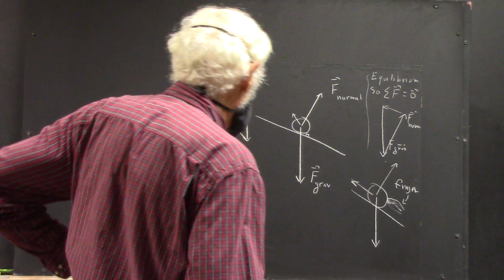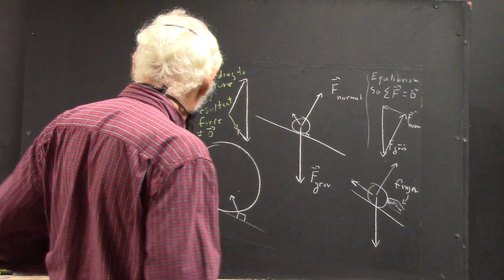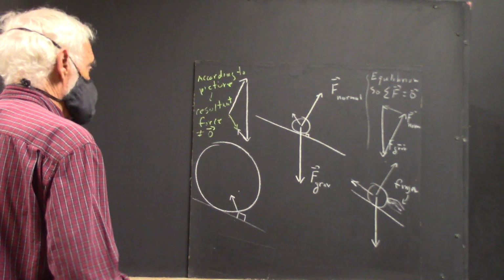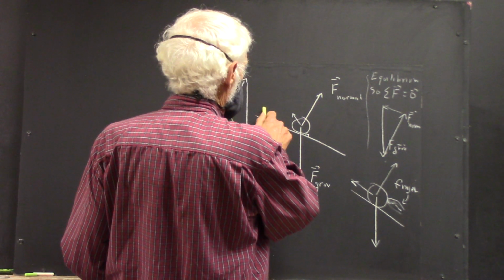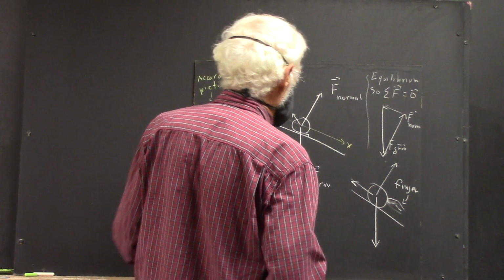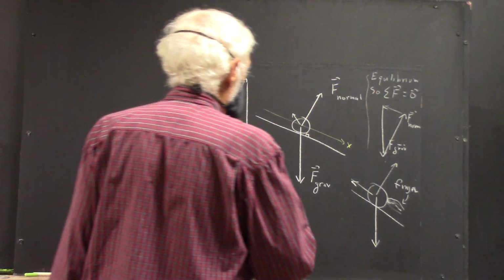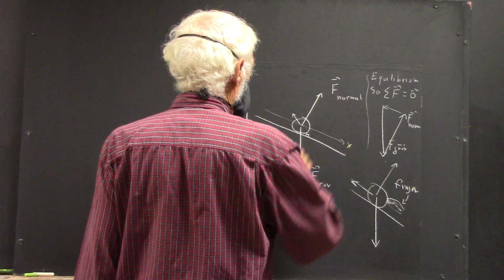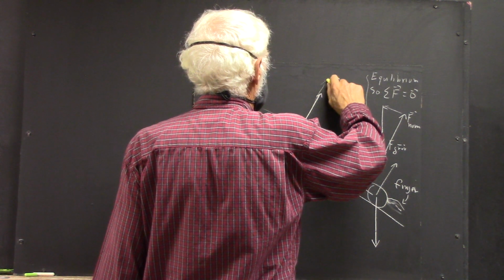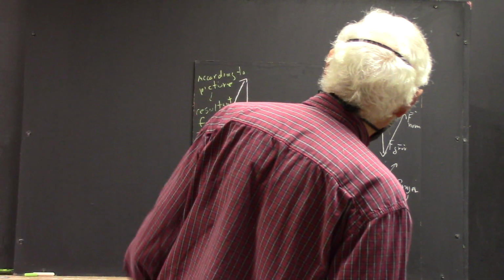There's another picture I can draw. I'm going to put my x-axis along the incline. My y-axis is going to be perpendicular to the incline. Now, I don't think I have a good perpendicular.